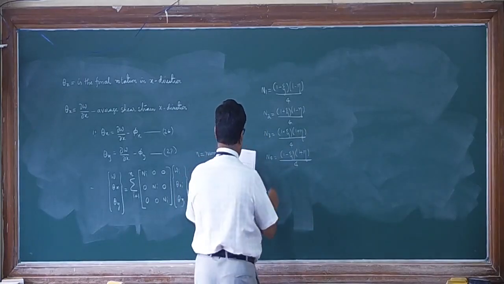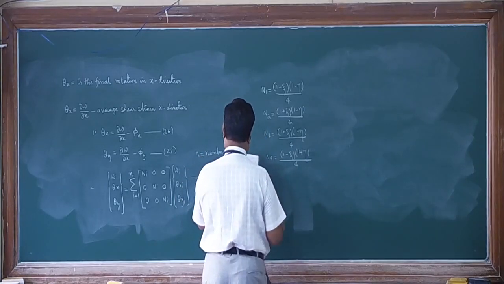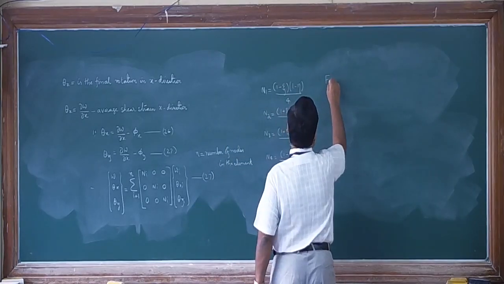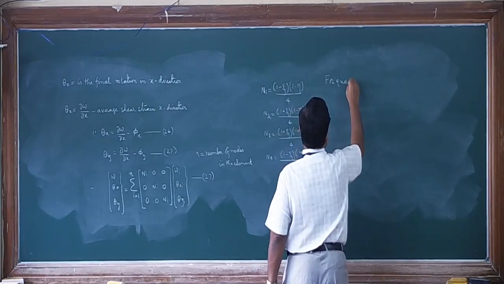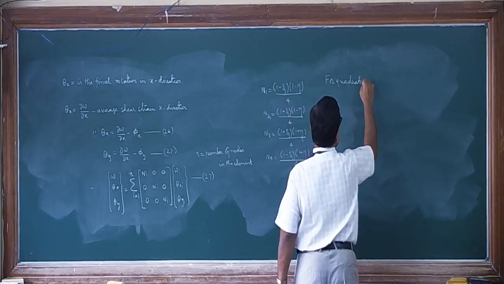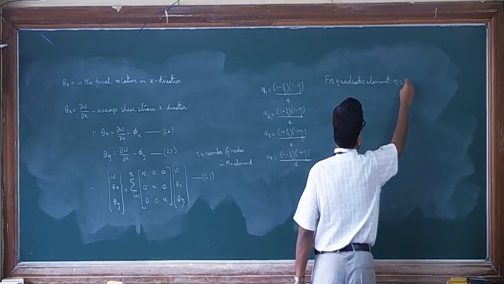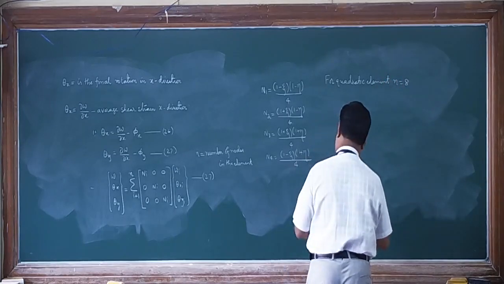In a similar sense, for a quadratic element, n will be 8, no? There are 8 nodes.